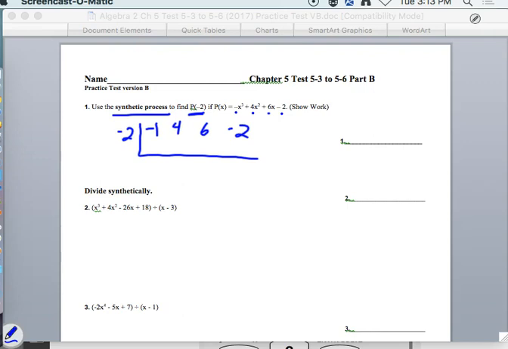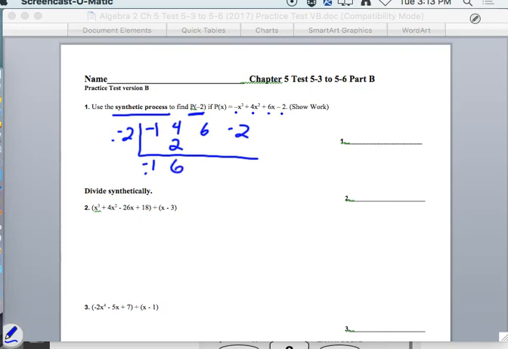And then for synthetic division, or synthetic substitution, as this is known when we do polynomial evaluation, we bring down the leading coefficient, and that's where we start. When we're outside the box, we multiply by the a value in x minus a, which in this case is just -2. And -1 times -2 is 2, and then we go inside the box. Inside the box you add, so 4 plus 2 is 6.